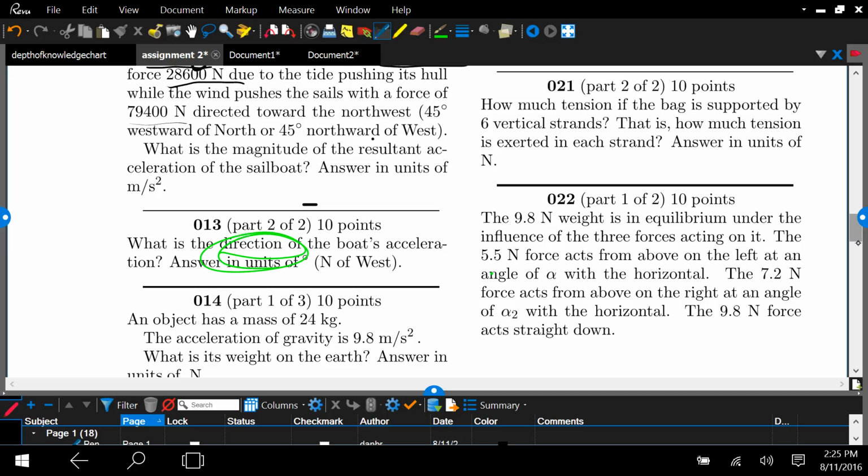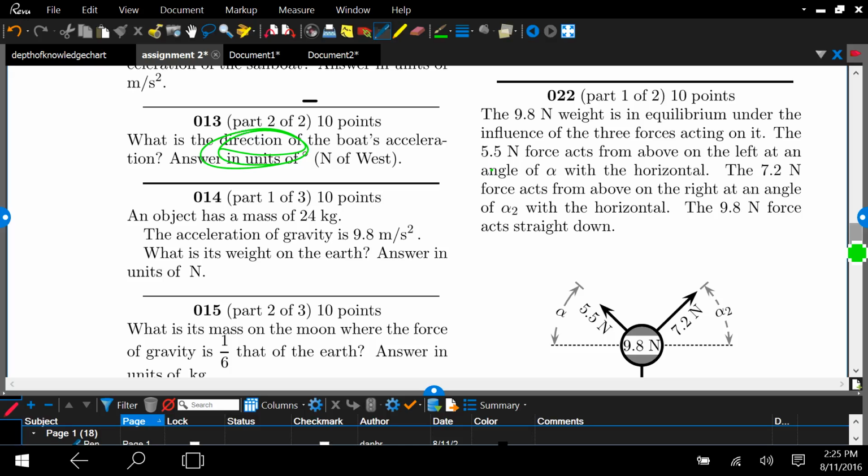The next little one, number 14 here, I'm not going to go over to my notes page. This problem, you just want to use the very simple expression that the weight of something, that is the force of the Earth's gravity on it, is going to be equal to mass times its acceleration. And whenever we're talking about weight, that means that we're talking about the acceleration due to gravity.